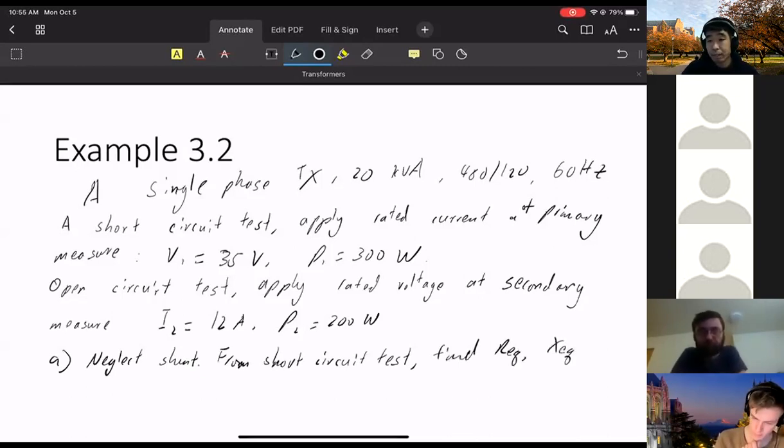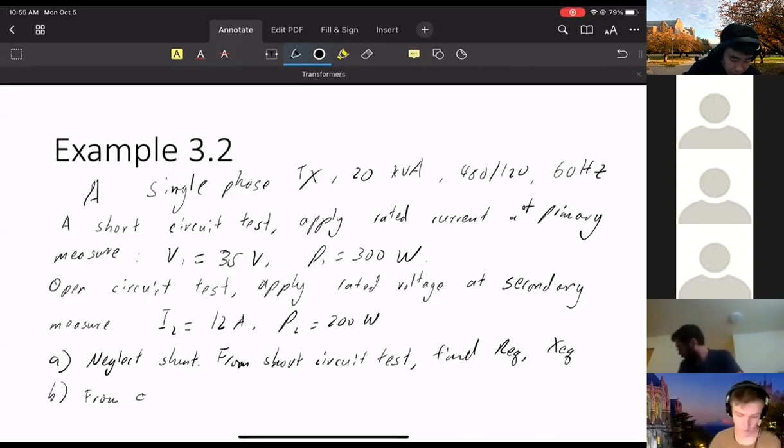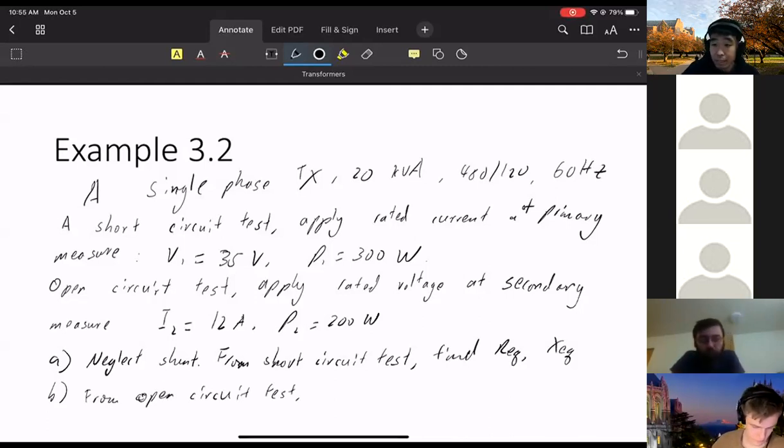This is from the short circuit test. Then B, from the open circuit test, find YM. This is the admittance, G minus jBM.